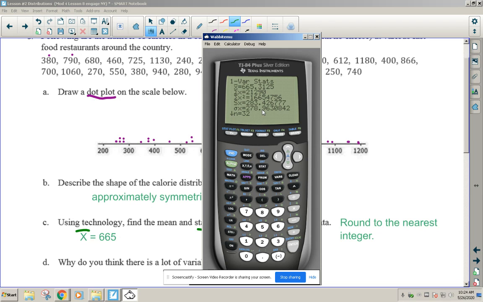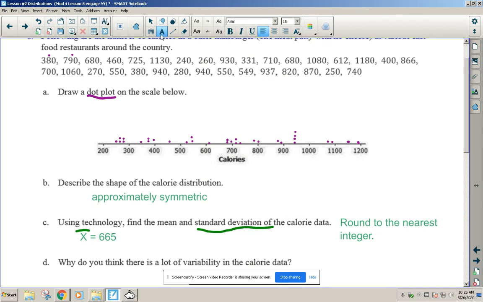279. Now on this one, they say find the mean and the standard deviation. So the standard deviation on this would be 279. If they said a sample standard deviation, we would have gone with 283. But here, the standard deviation is 279. And let me just see if they have the symbols.